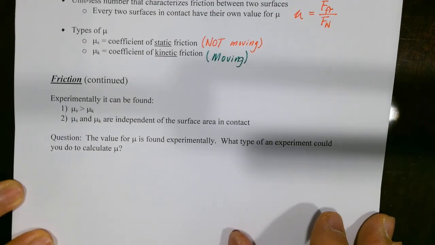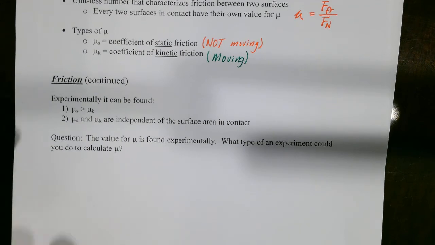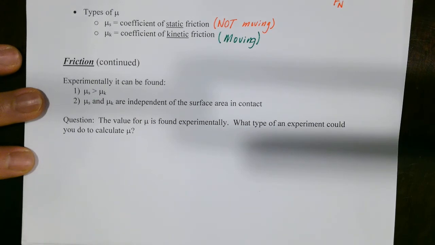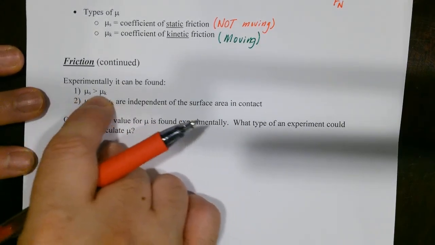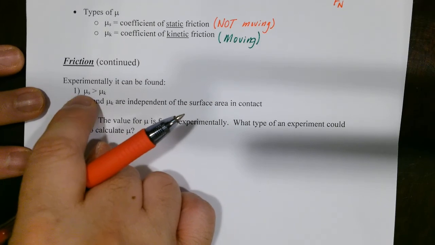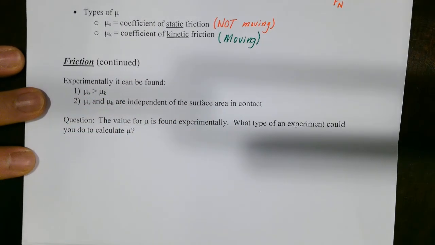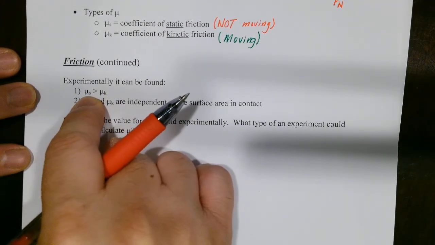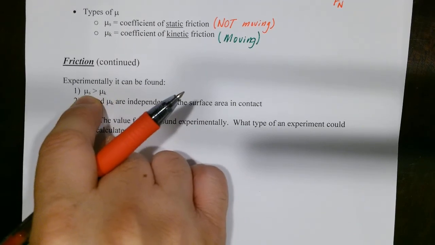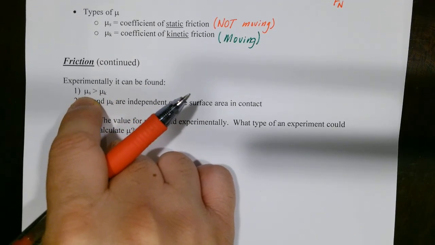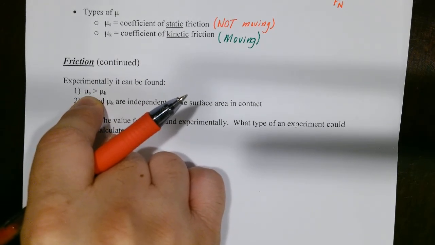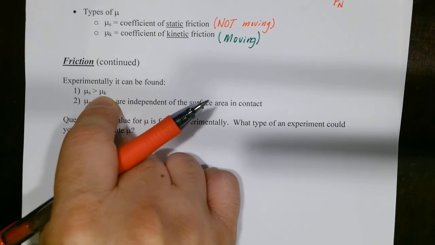All right. Let's continue with friction. Experimentally, it can be found that mu sub s is greater than mu sub k. Sometimes they're equal to each other, but most of the time, the static coefficient of friction is bigger than the kinetic coefficient of friction, right? And that's because if you ever try to move something really heavy by pushing on it on a rough surface, like a refrigerator, you push on it, it doesn't move, it doesn't move, and then as soon as you budge it, it starts to get easier to continue to move, right?